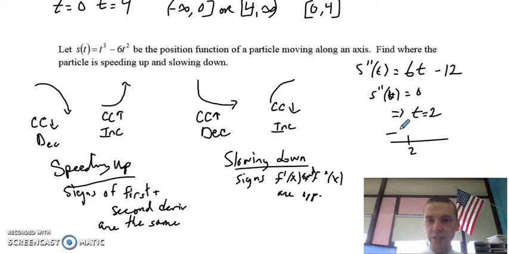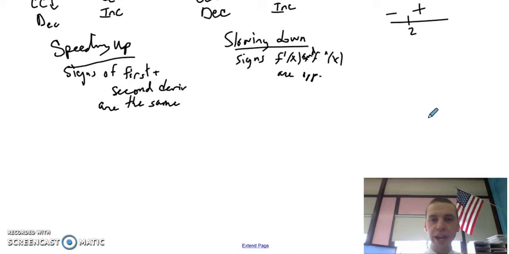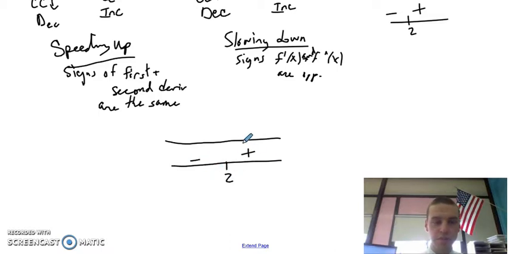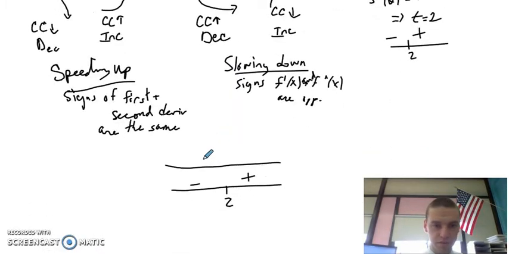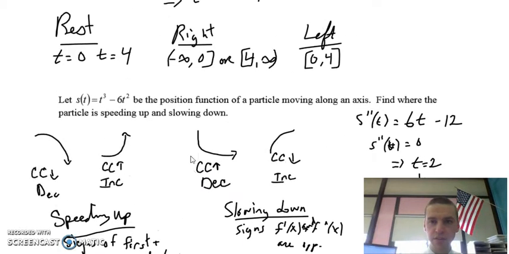It's negative here and positive here. So what we are going to do now is combine our two number lines. Sorry for the very poor straight lines. When we go back up, we're at 0 and 4. We're negative, positive, negative, positive.